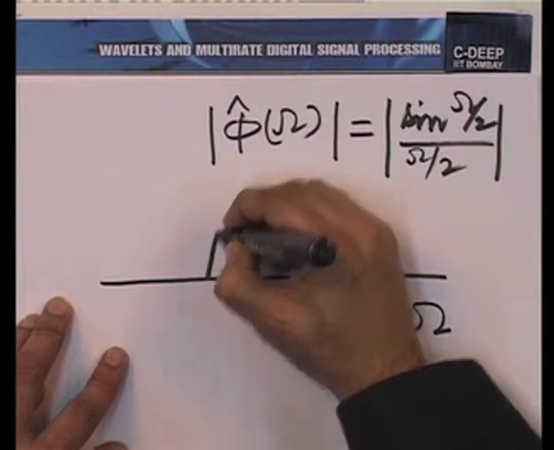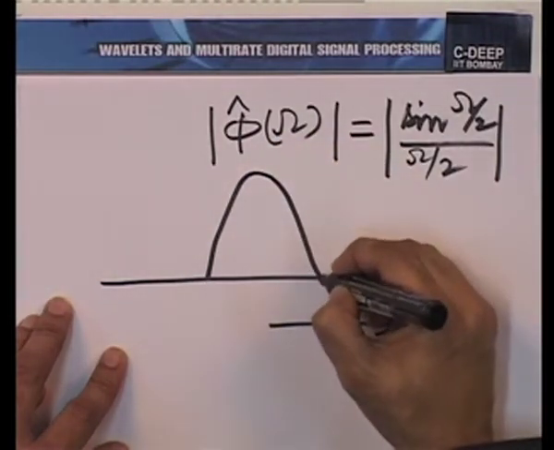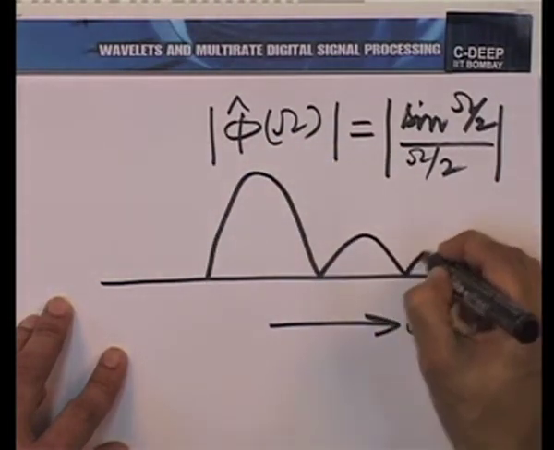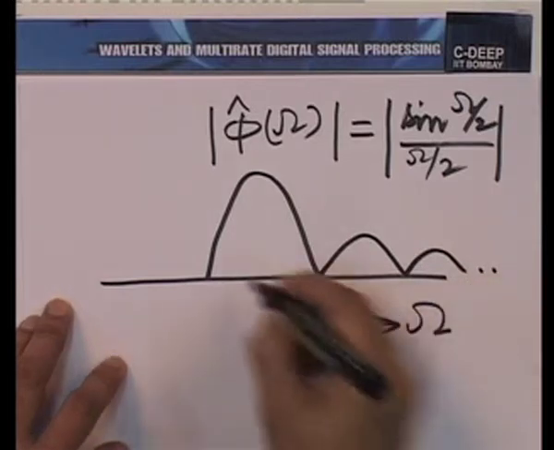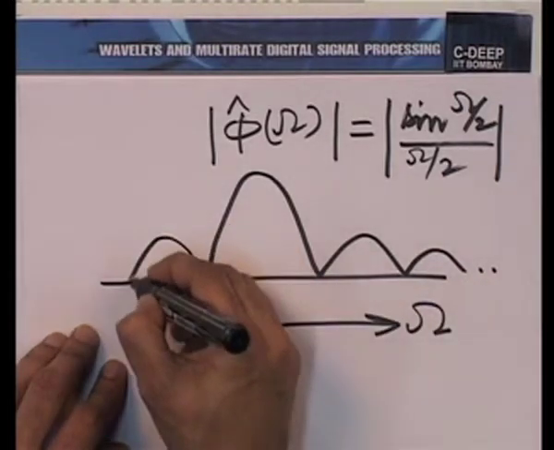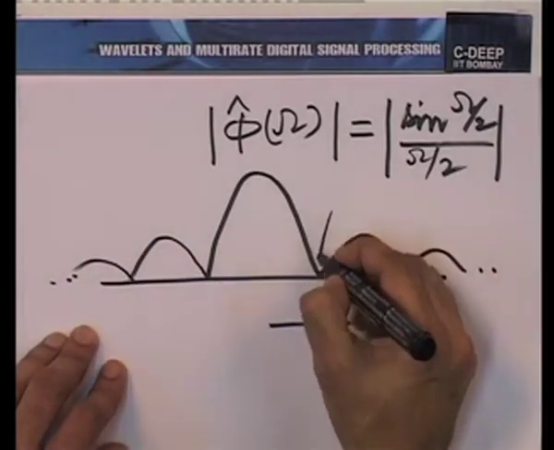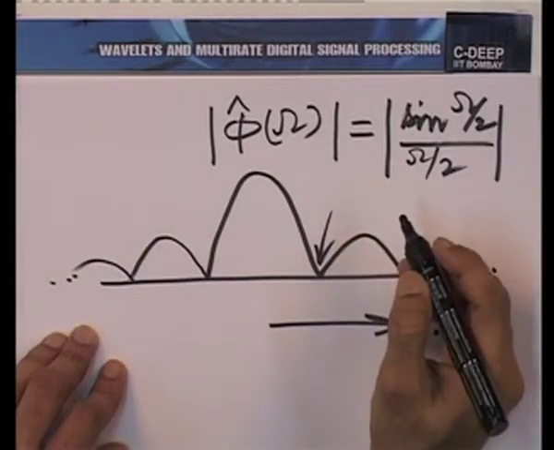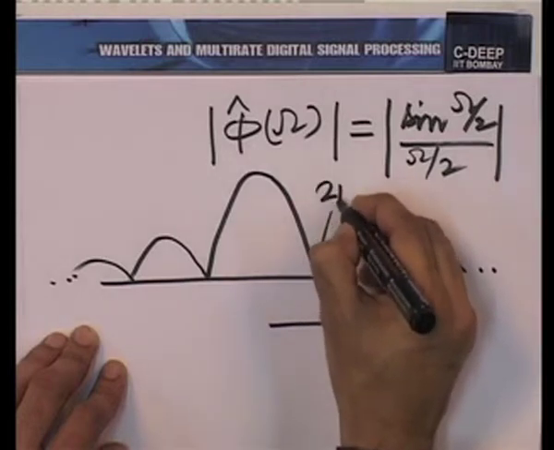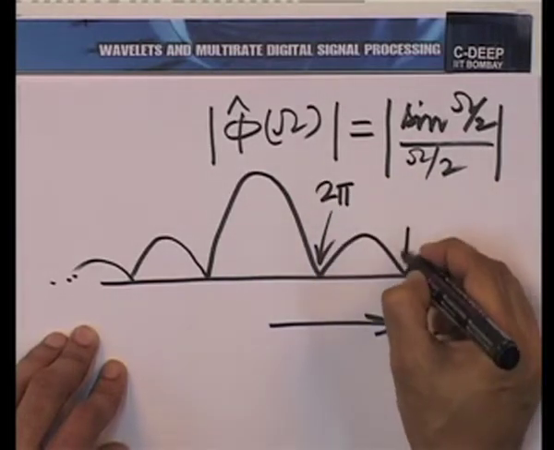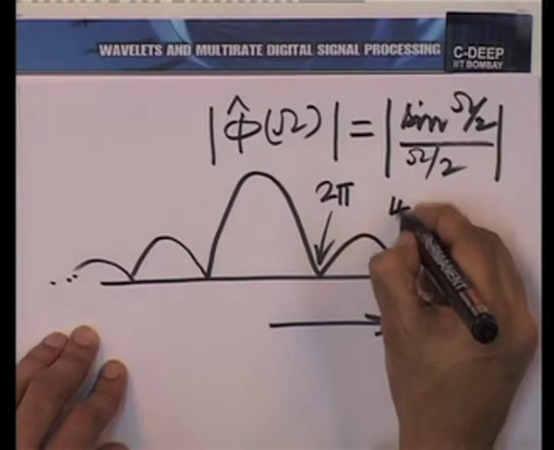So, it has a pattern like this. Of course, we know where this comes. This will come at omega by 2 equal to pi or at 2 pi. This would come at 4 pi and so on.